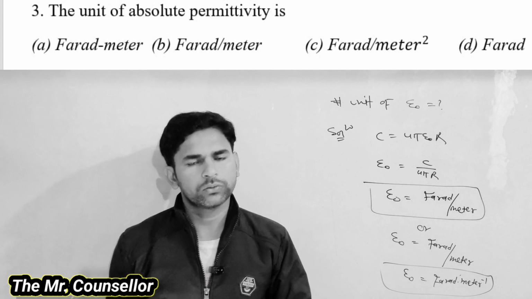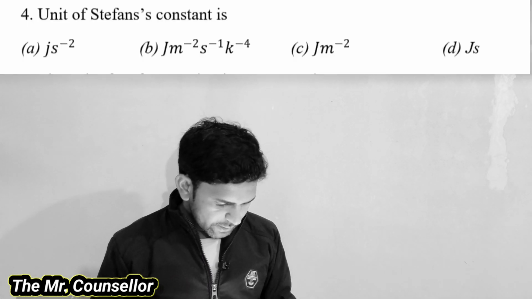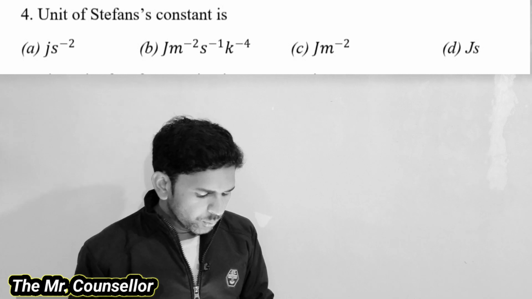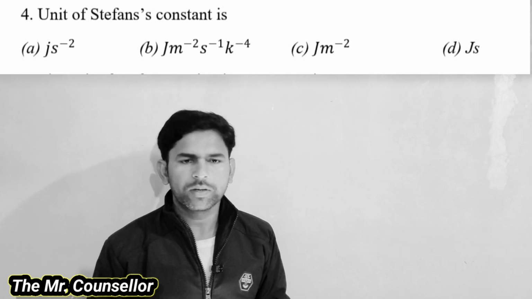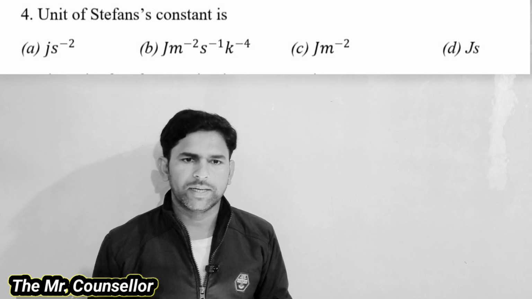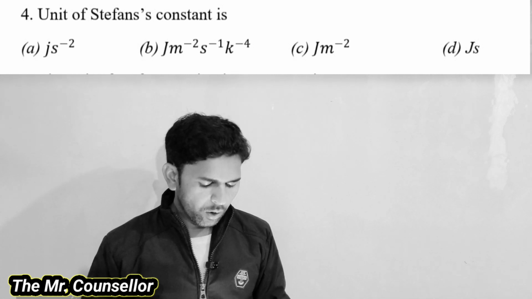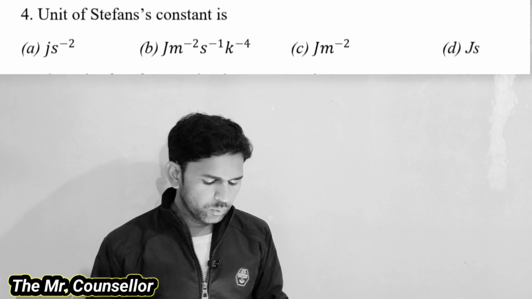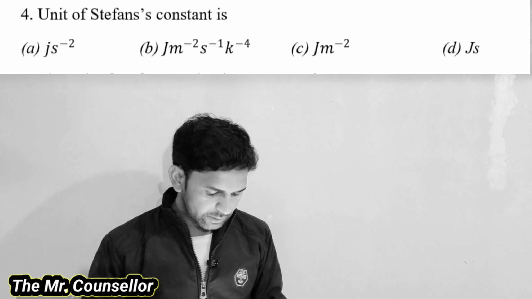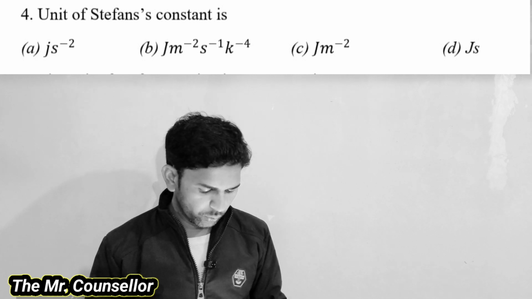The next question you can also see on the screen. The question is, the unit of Stefan's constant is, they are asking the unit of Stefan's constant. Option A is given joule per second inverse. Option B is given joule meter inverse square second inverse Kelvin minus 4.